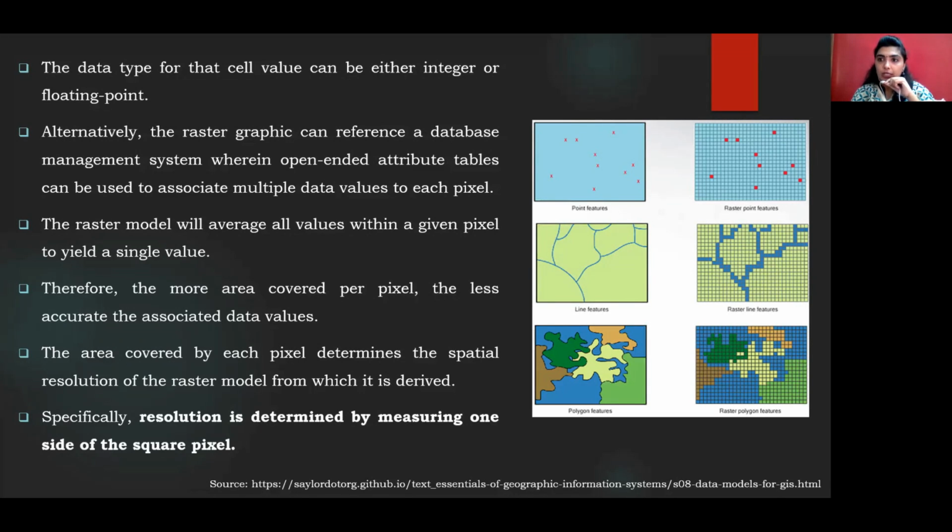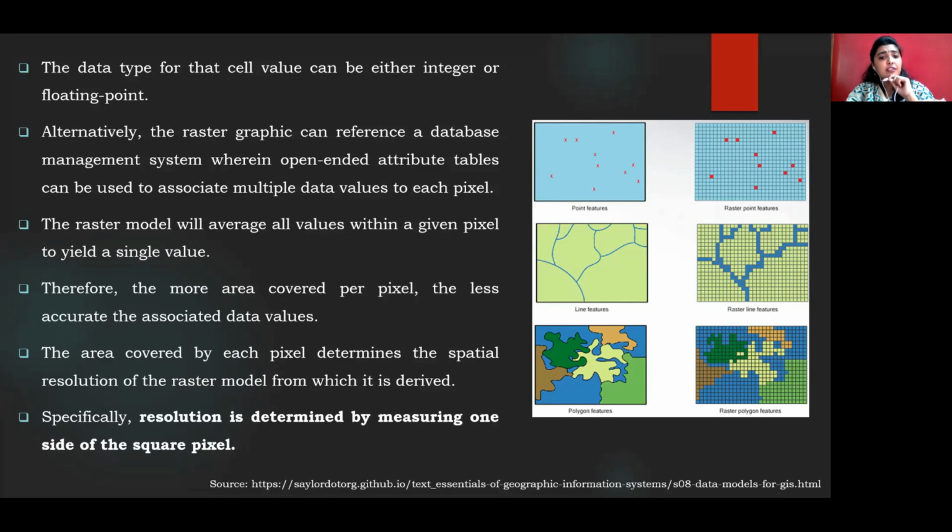I need to have one value. So that one value is calculated. It's not even determined, it is calculated as an average value. So if there are four features, say 5, 10, 15, 20, an average of these four will be stored in that pixel.